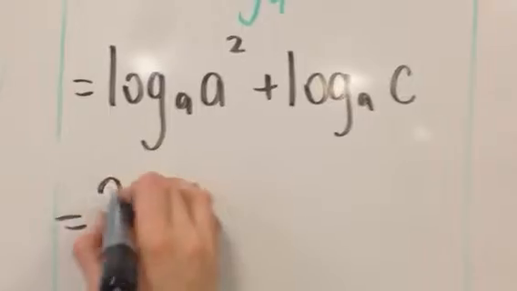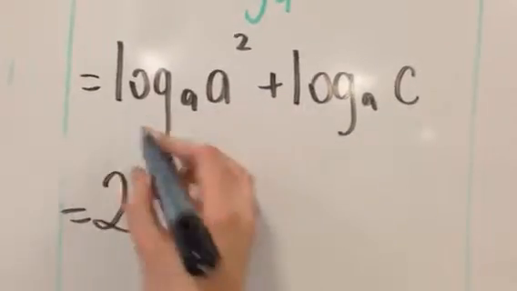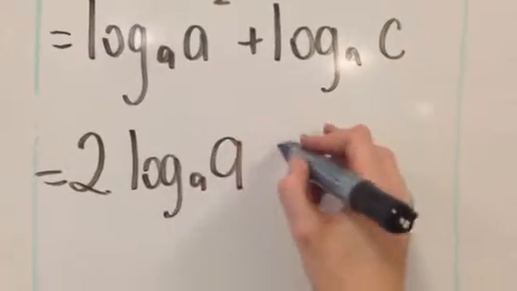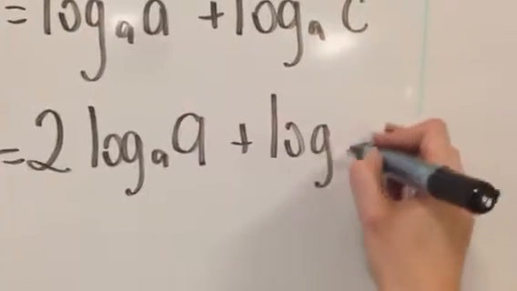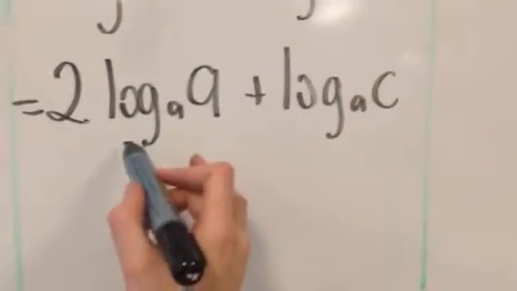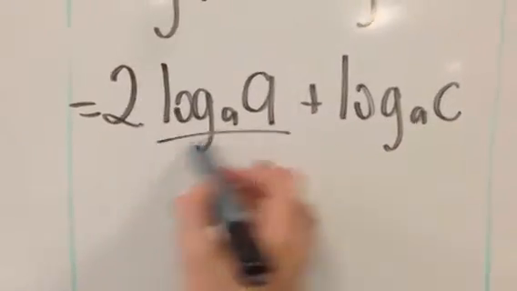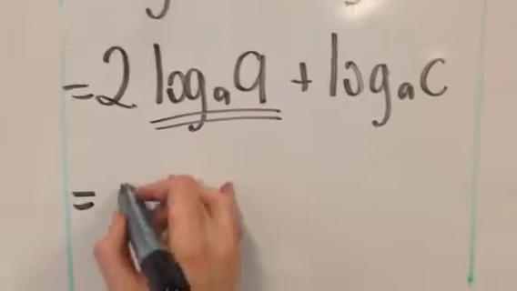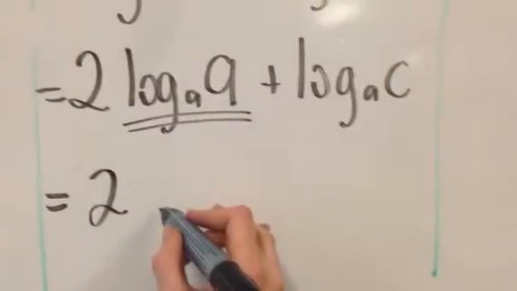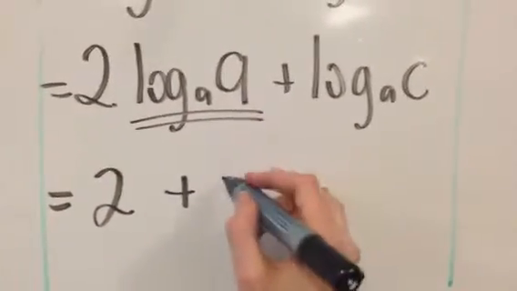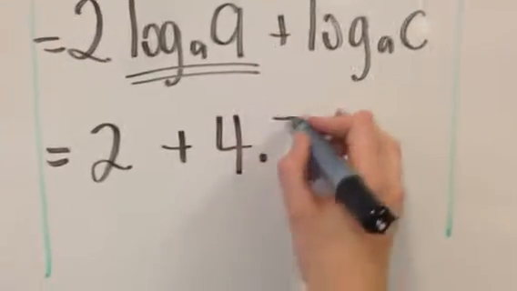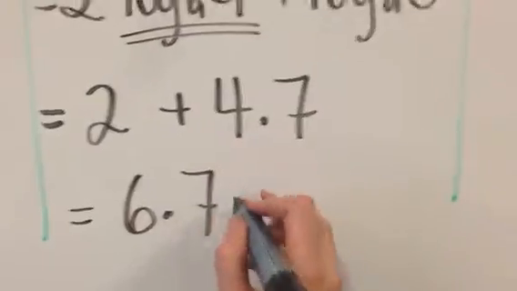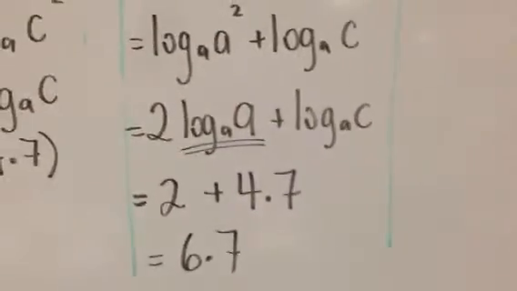I'm going to bring the 2 down the front so that I have 2 log A of A plus log A of C. Well, now let's make the substitution. Log A of A, we know, just equals 1. So here we're just left with 2 lots of 1, so 2, plus log A of C was our 4.7. So we end up here with an answer of 6.7.